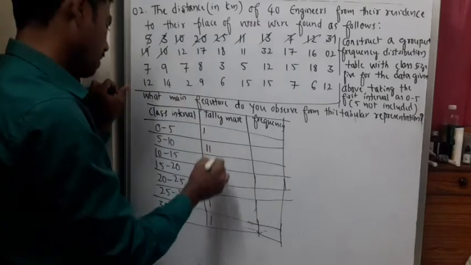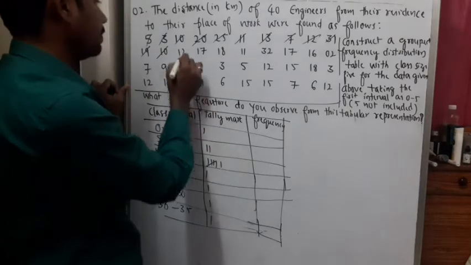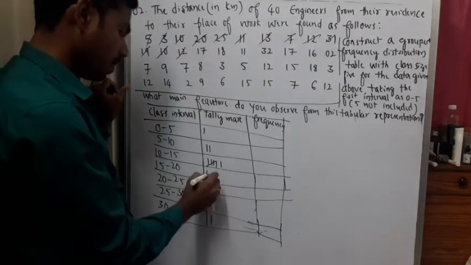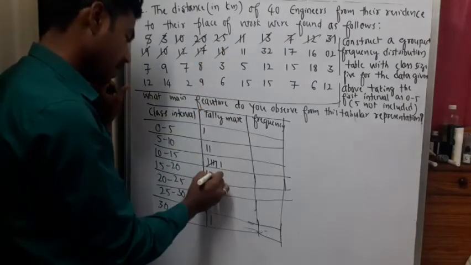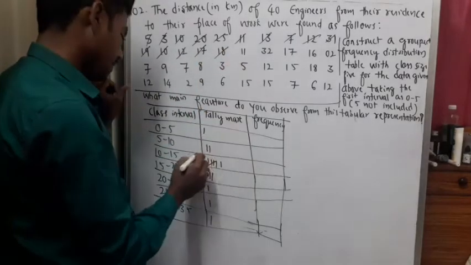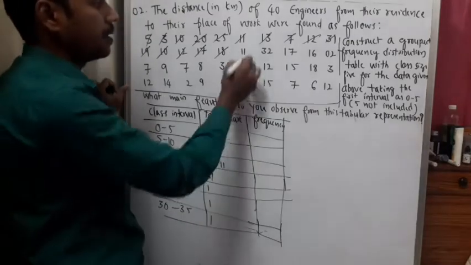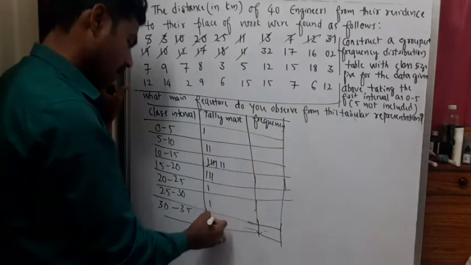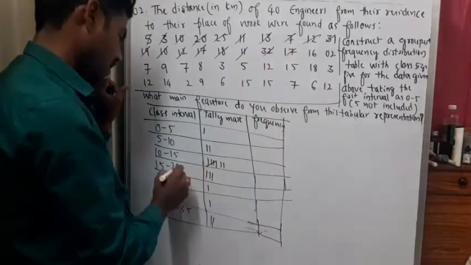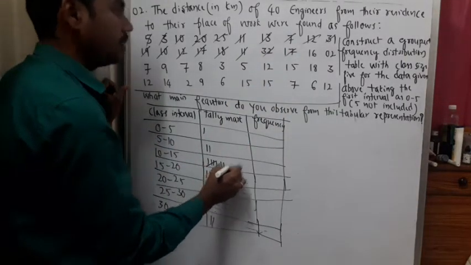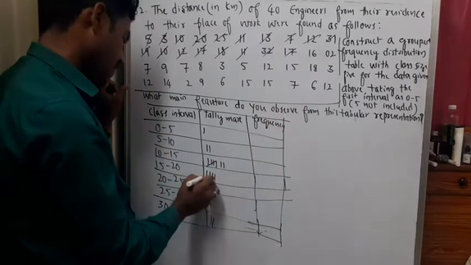Next 12 will come here. 17 will come in between 15 and 20. 18 will come here again. 11 will come in between this. 32, so again 32 will come here. Next 17 will fall in between this. 16 will come under this.